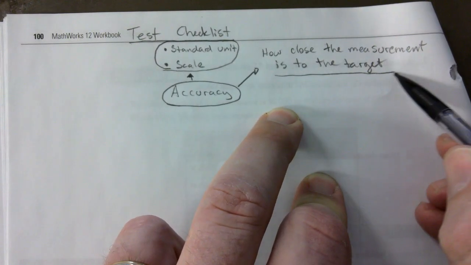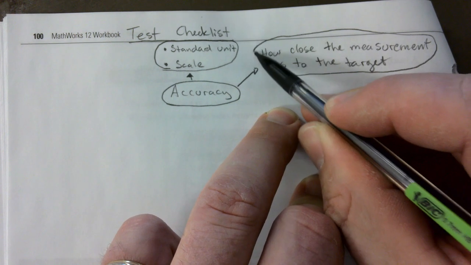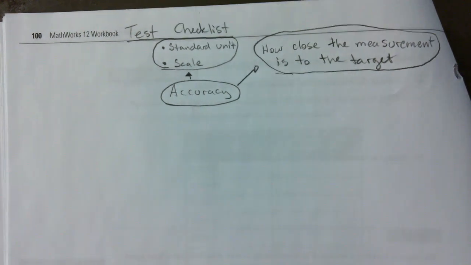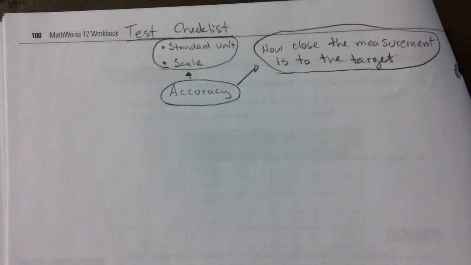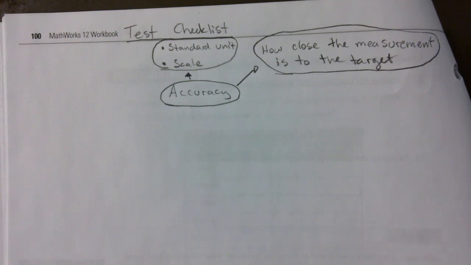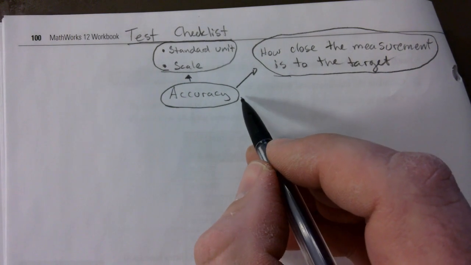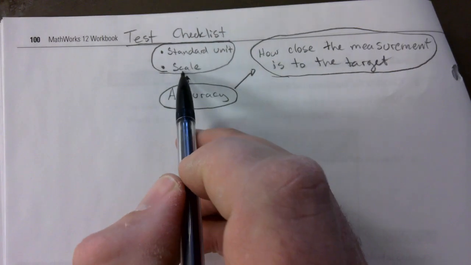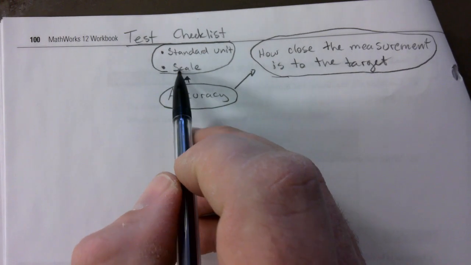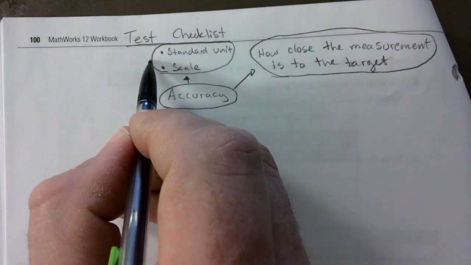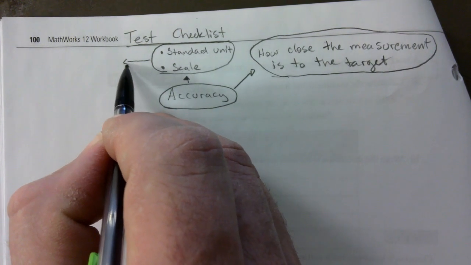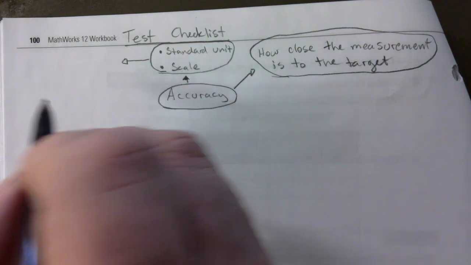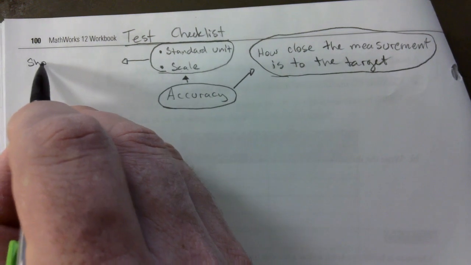That's another bubble. How close the measurement is to the target. Because of the standard scale, standard unit and standard scale, I will go off to the side here. Okay, should be able to repeat it.